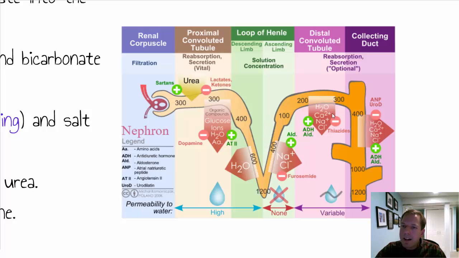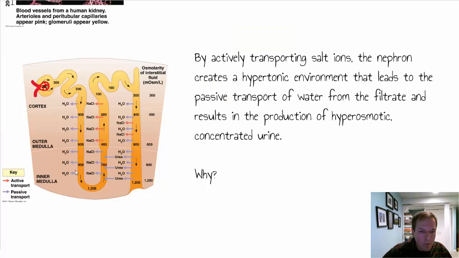As we move now finally to the distal convoluted tubule, we're going to have this reabsorption and secretion that is optional depending on circumstances, again, within the body. So while the ascending loop of Henle is impermeable to the movement of water, it is permeable to the movement of salt.